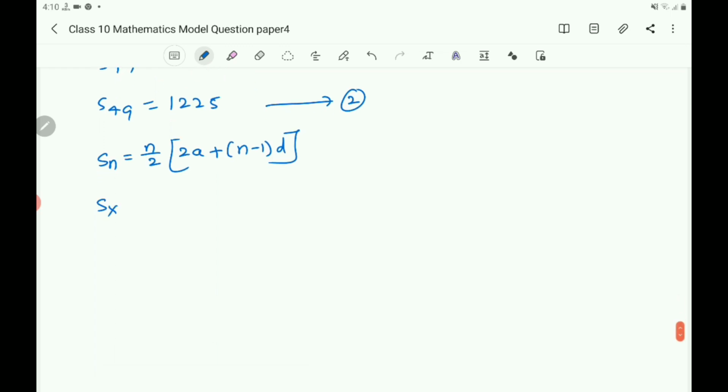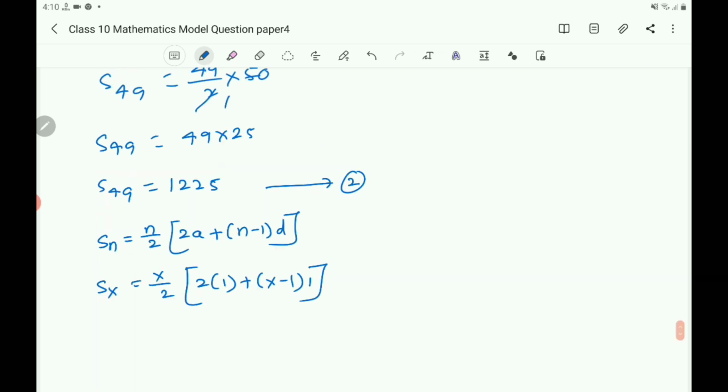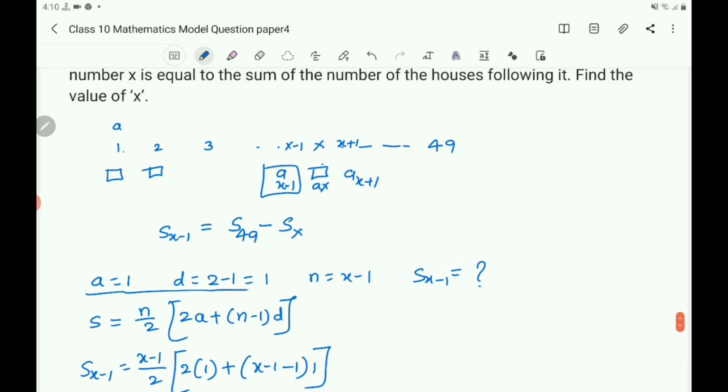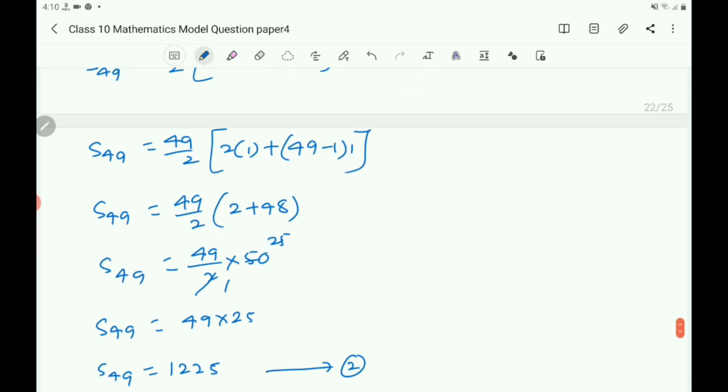Then Sx equals x by 2 into (2 into a, where a is 1, plus (x minus 1), where d is also 1). Here you must use the same a and d, but in the place of n we have to write x.